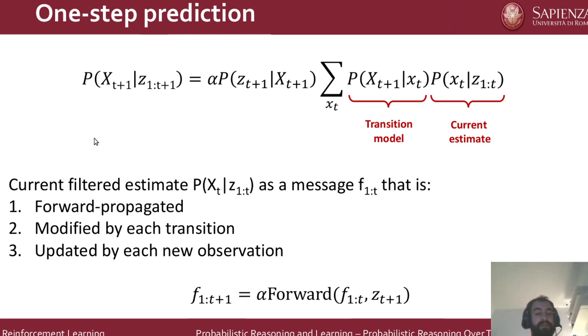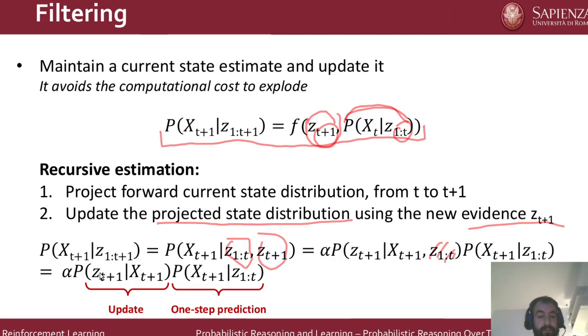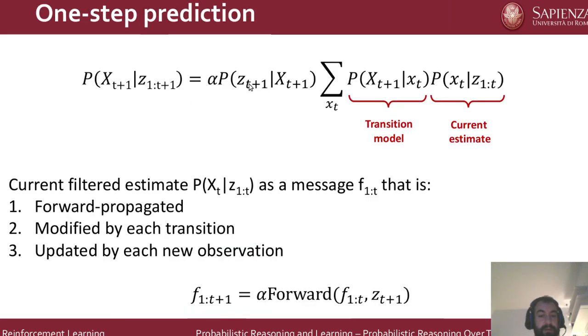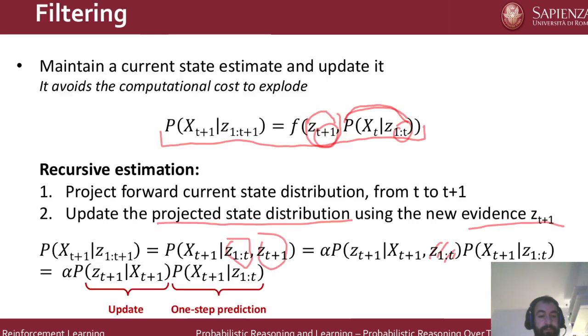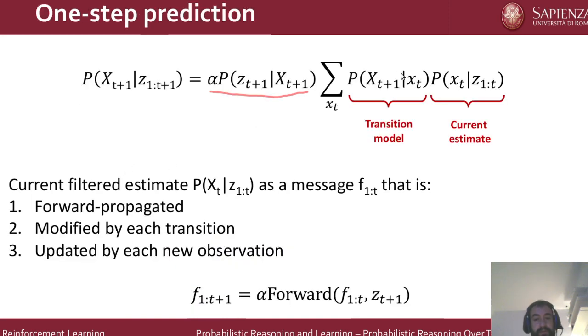How do we compute this? This is going to be just a one-step prediction where, let's go back to this slide here. So we have zt plus 1 given xt plus 1, which is the term that we have here, multiplied by this one-step prediction, which is the probability of xt plus 1 given z from 1 to t.